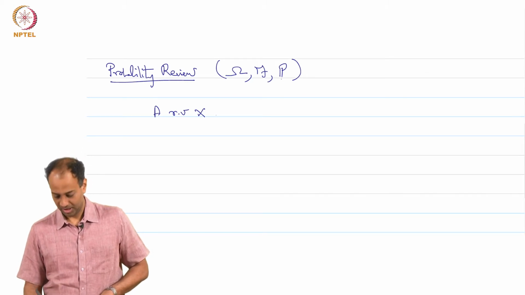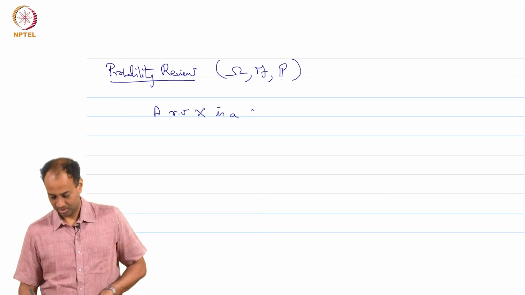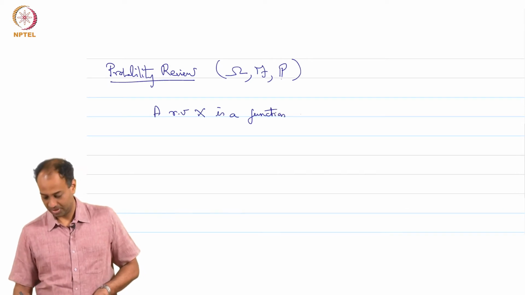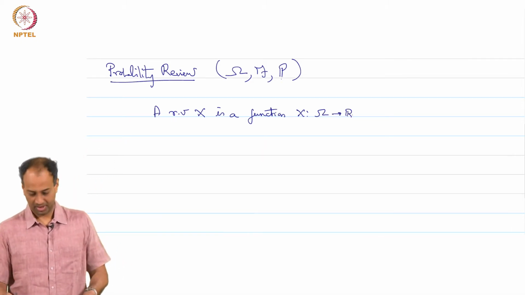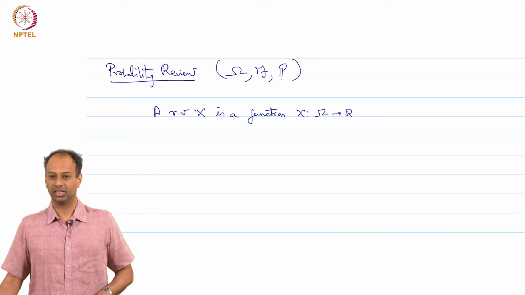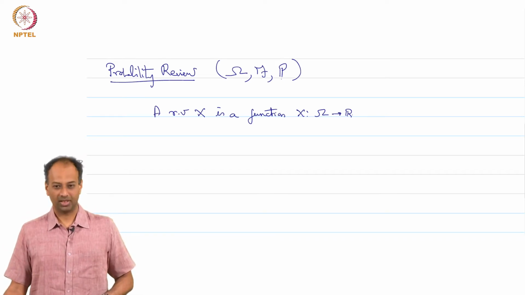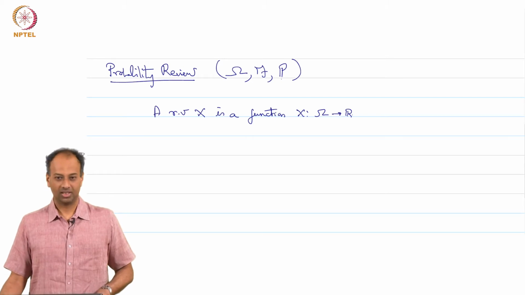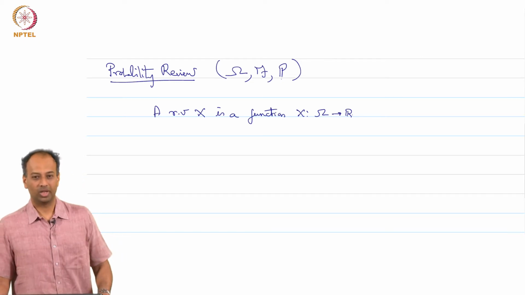A random variable is a function from omega to R. A random variable is a terrible misnomer: it is neither random nor a variable. It is not a variable, it is a function, and it is not random, it is a deterministic function from omega to R.